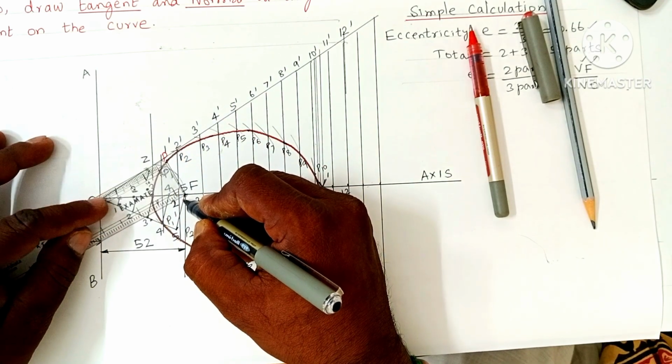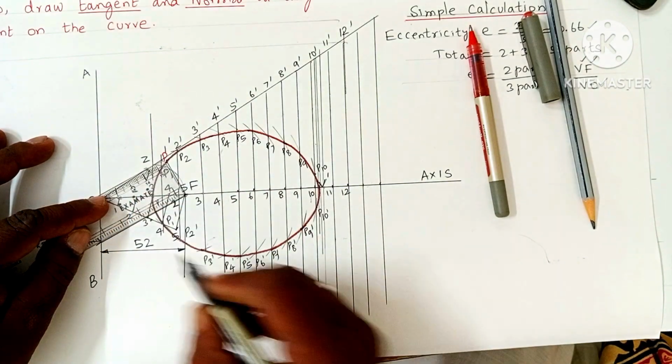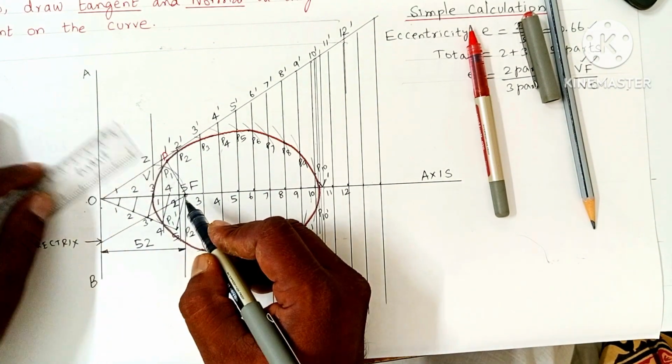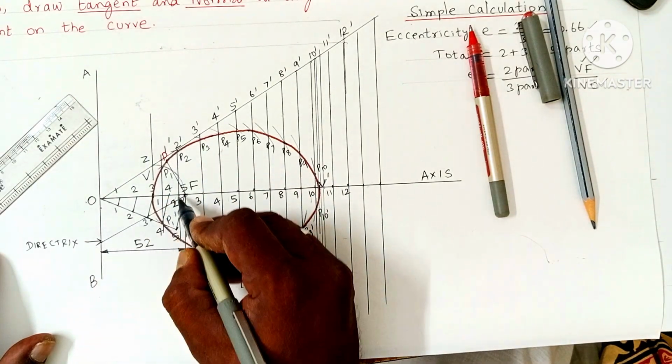Join PF. At F, you draw one line like this, using another edge of your scale. The angle between this PF line and this drawn line should be 90 degrees.